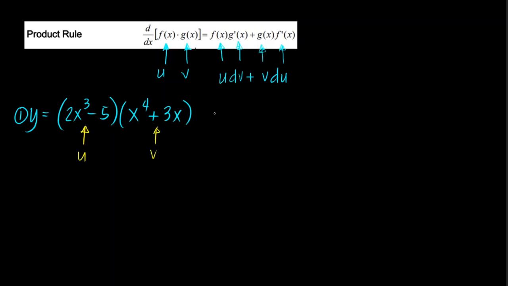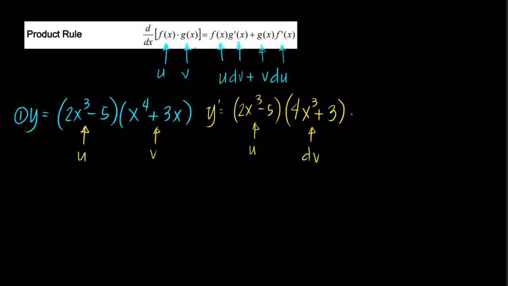Okay. According sa product rule, ang aton sining derivative is U. So, copy mo lang si U, derive V. So, ang derive V naton, that's x to the 4th. Ang derivative sina, 4x cubed plus 3. So, here you can see this is U derive V. Okay?